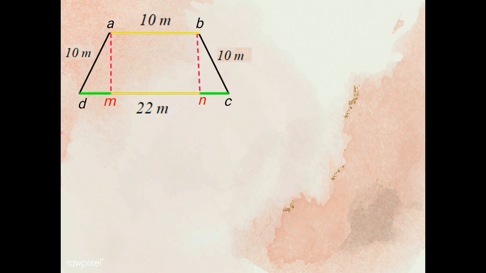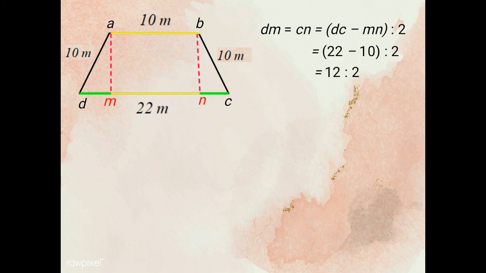So, the DM and CN length can be found with DC minus MN, and it's divided by 2. By substituting the known value, we will get 12 divided by 2 is equal to 6. So, the DM and CN length each is 6 meters.